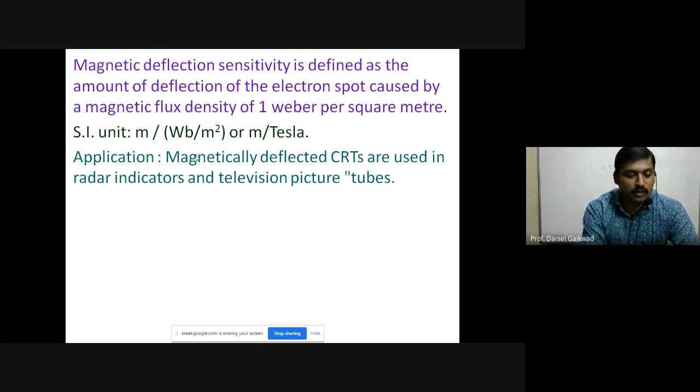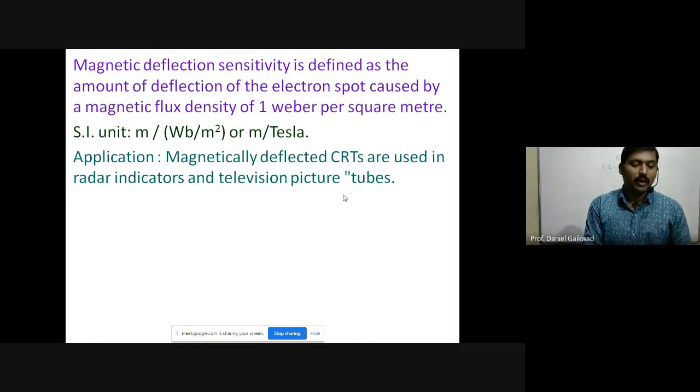Now application, magnetically deflected CRTs are used in radar indicators and television picture tubes. So in radar indication, we require a magnetic deflection system, and we know black and white televisions and color televisions have a picture tube, and that picture tube has the electrostatic deflection system as well as the magnetic deflection system.